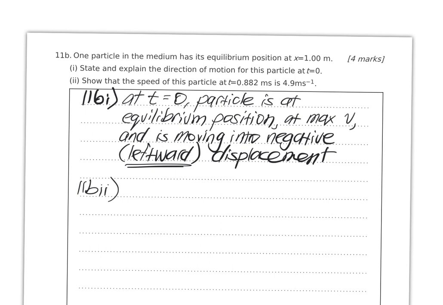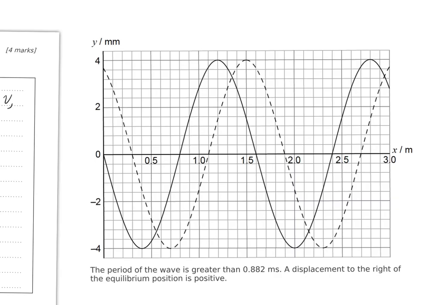11bii says show that the speed of the particle at 0.882 milliseconds is 4.9 meters per second. Well, let's refer to the graph. Of course, now I'm referring to this curve right here. This is the curve that goes with the 0.882 milliseconds. And the question referred to x being at 1 meter.